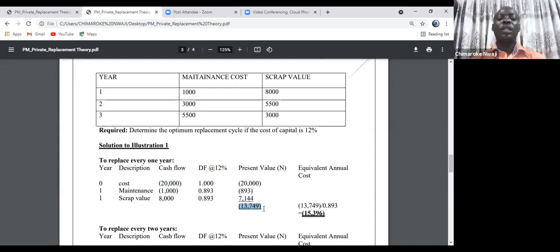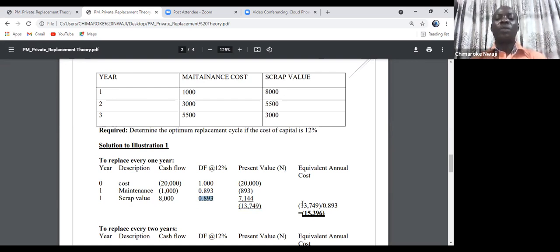Now we want to see what is the annual equivalent cost. It means how much does this translate to cost that we'll be incurring every year. So what you do is divide your net present value by the sum of the discount factors for each year. This is year 1, so we only have one discount factor, which is 0.893.